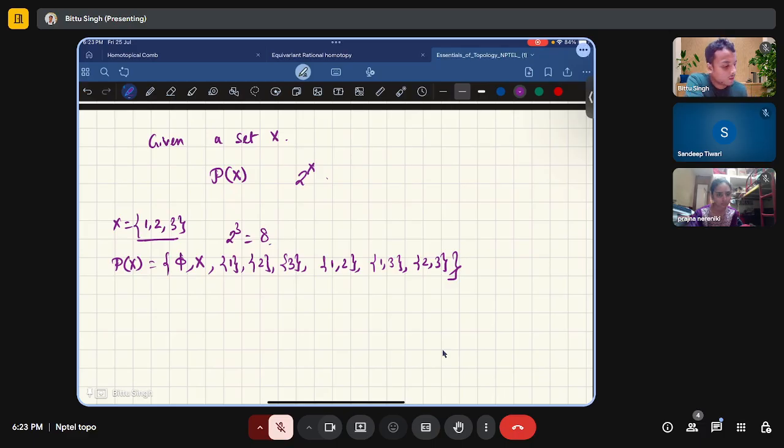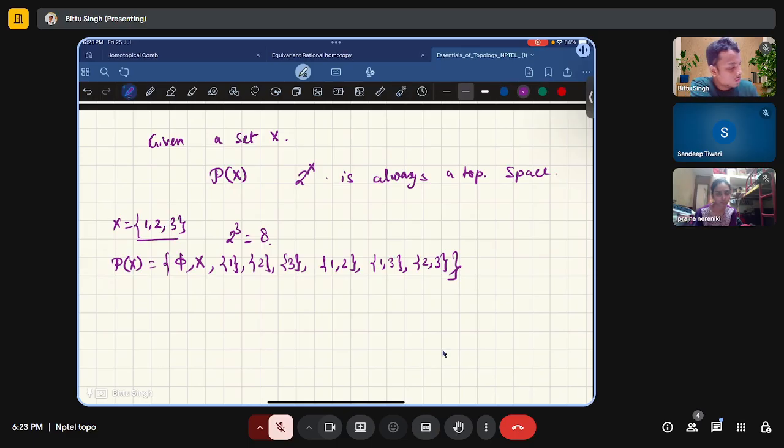So again, the power set is always a topological space. Top space means topological space, I am writing in short notation. Because empty is there, X is there, and whatever union or intersection you take, since all subsets are present, the result must be there. So this is always a topological space.